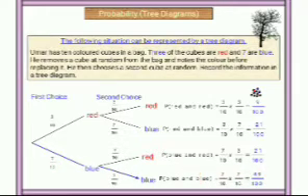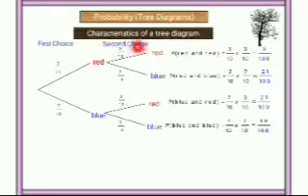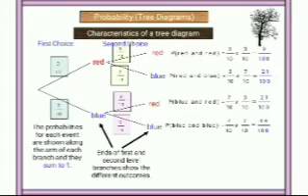Is that clear? So if this one is clear now, here are the characteristics of a tree diagram. These are the things I would like you to take notes on. The probability for each event is shown along the arm of each branch, and they sum up to what? To 1. Is that clear?